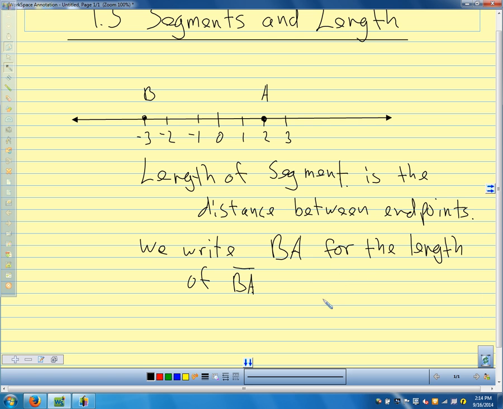The other way we could write it is to write the measure, little m, BA for the length.